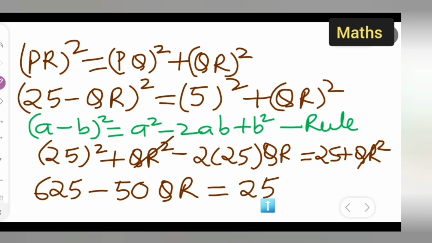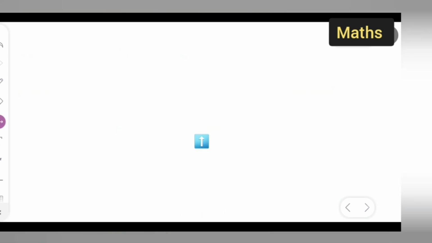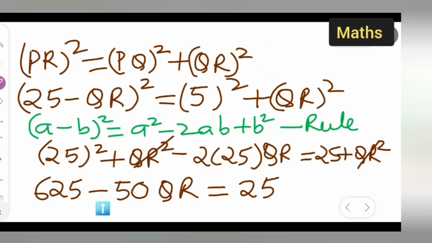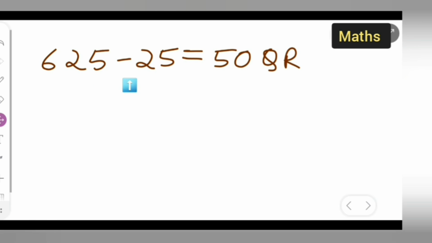Now 625 minus 25, this you will bring it here. So 625 minus 25 is equal to 50 QR. I have taken this minus QR other side, so it will become plus QR, and here it will become minus 25.